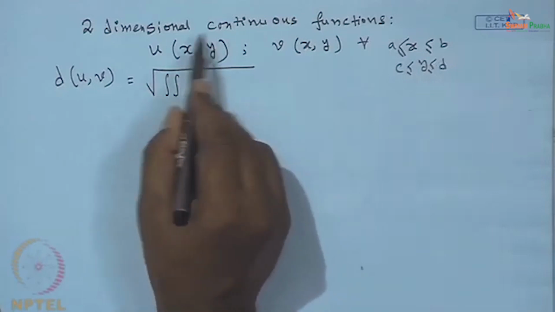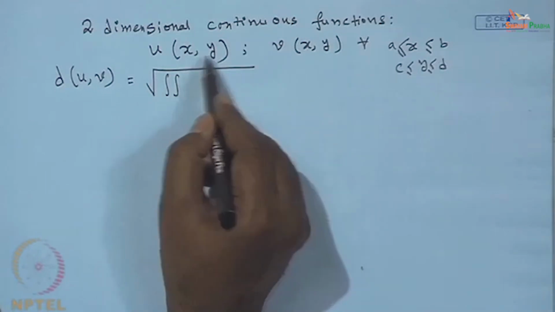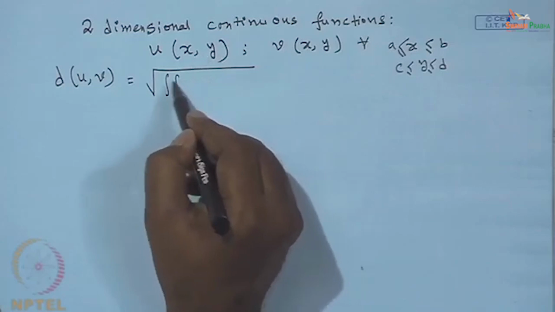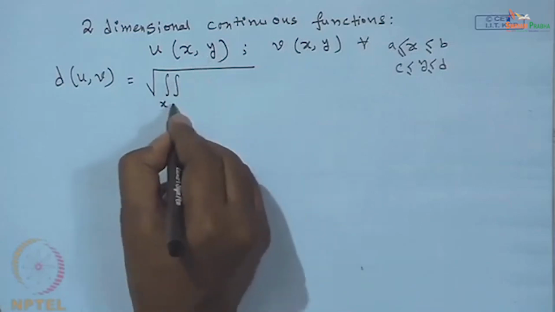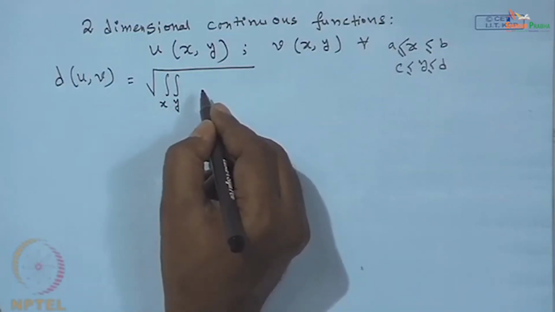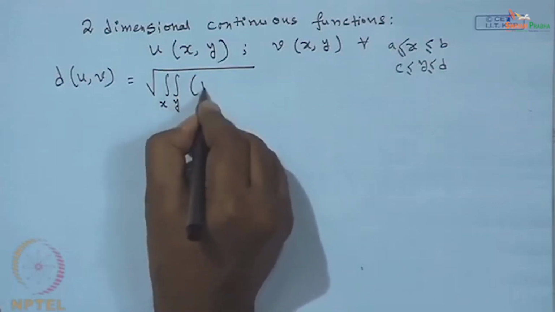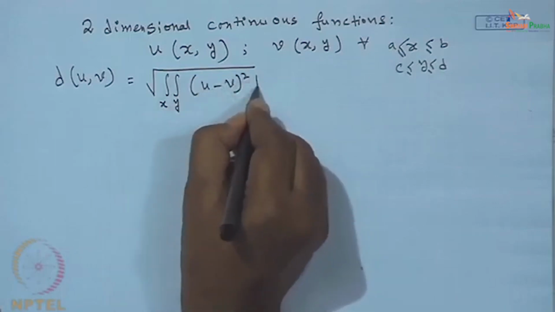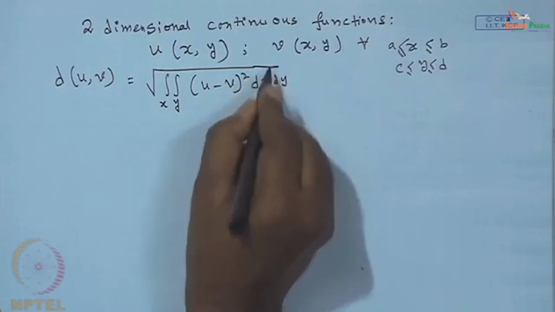Since it is a two dimensional function, the single integral will be replaced by a double integral of u minus v whole square dx dy.